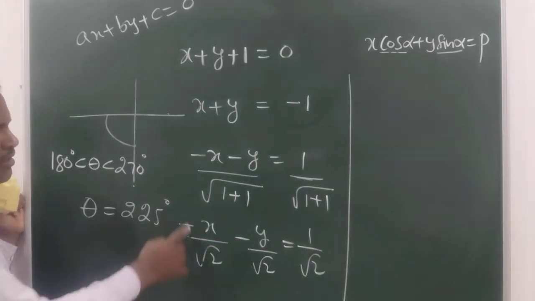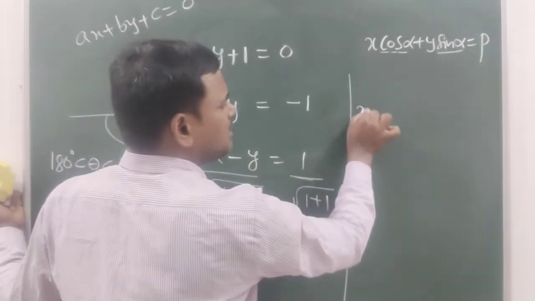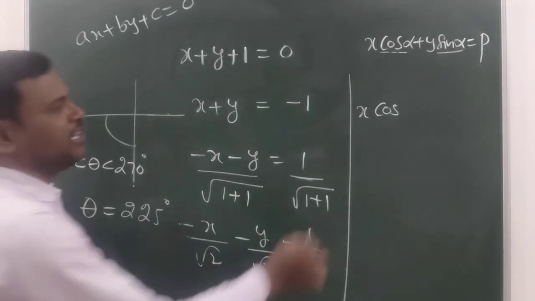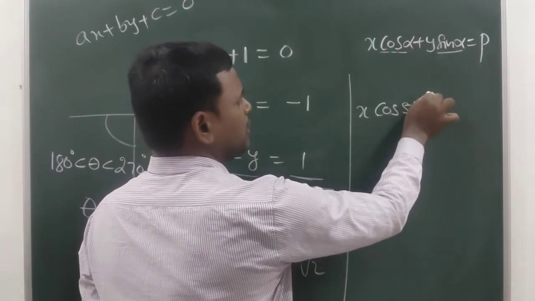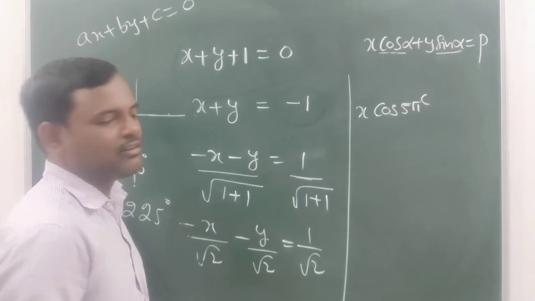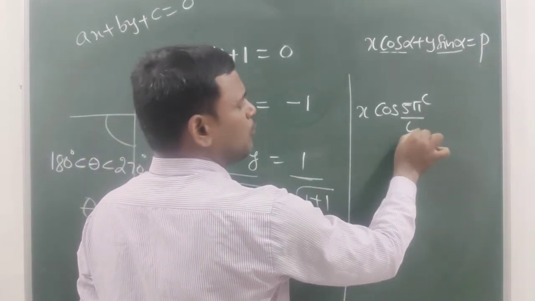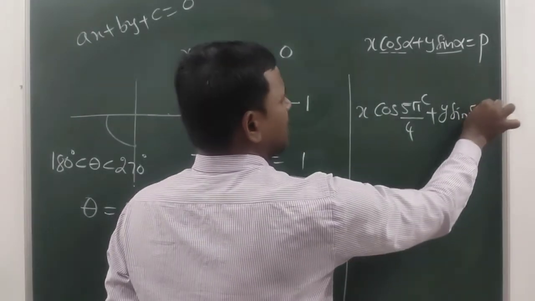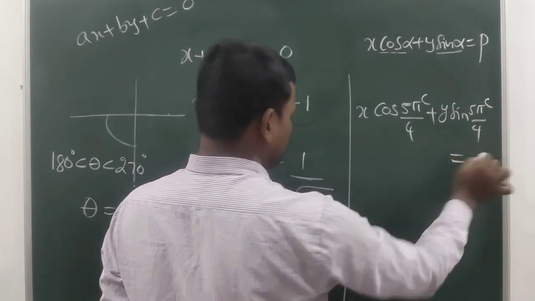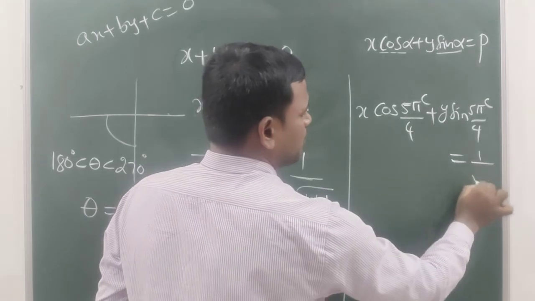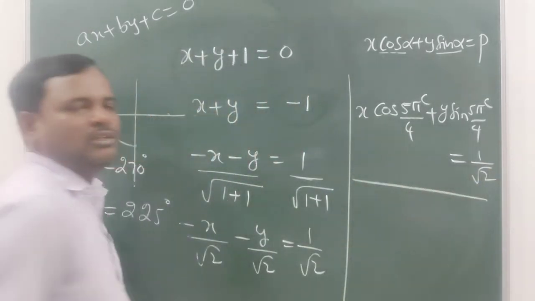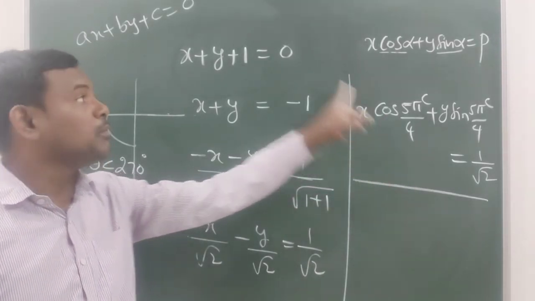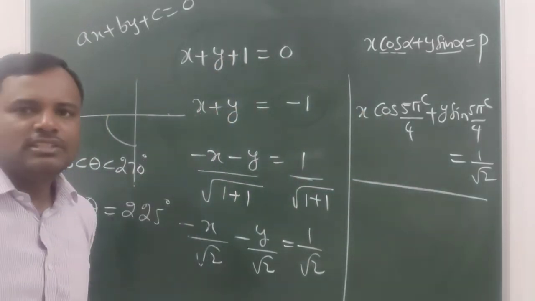So how do we express this? x cos 225 degrees. 225 degrees, expressed in radians, is 5 pi by 4. So x cos 5 pi by 4 plus y sin 5 pi by 4 is equal to RHS 1 by root 2. So this is our required result. This is the normal form of this equation.